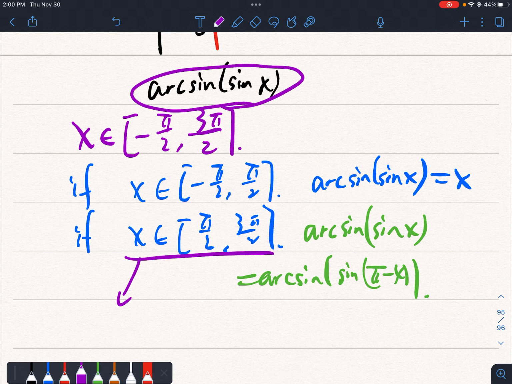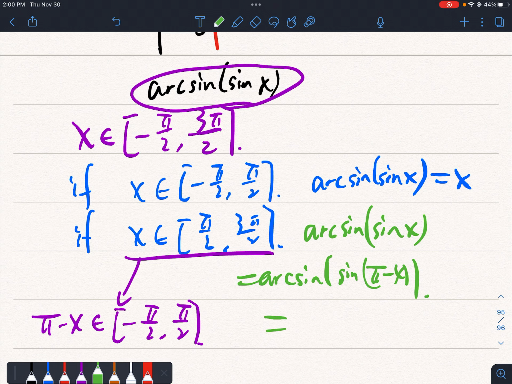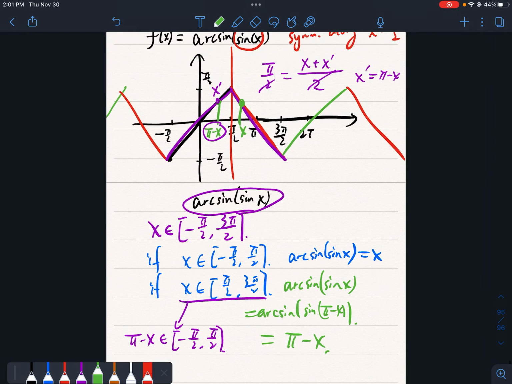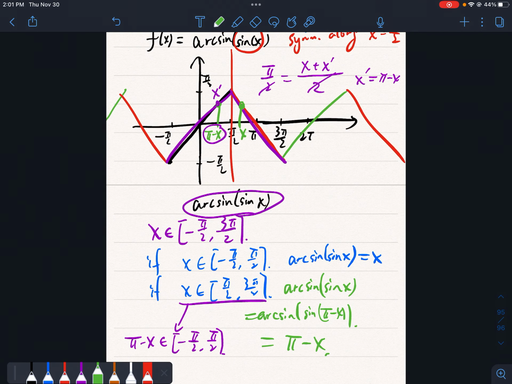So if we look at the arc sine of sine of pi minus x, and x is in this interval, then clearly pi minus x is in the correct interval. Then this will mean that this is pi minus x.